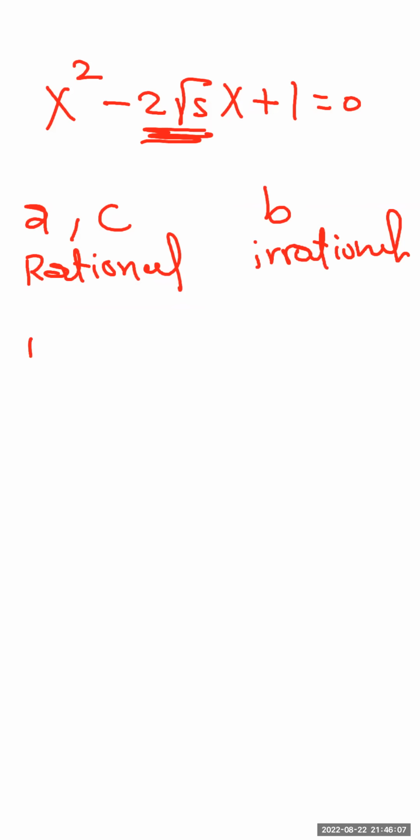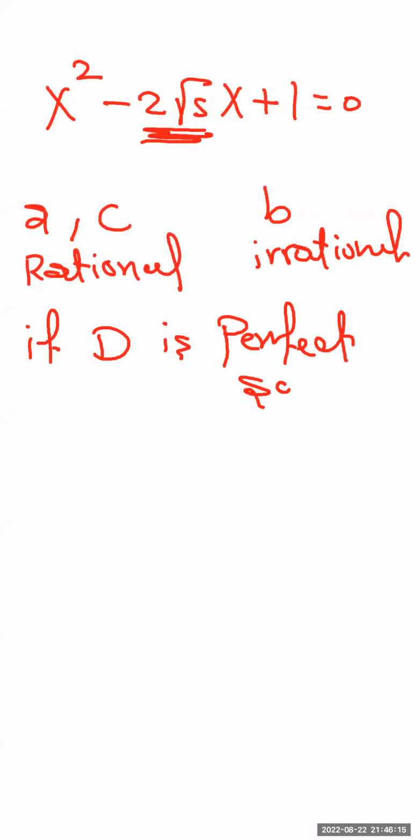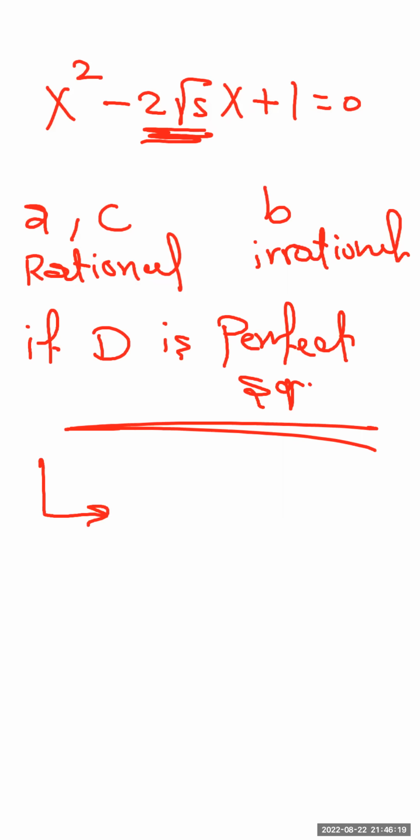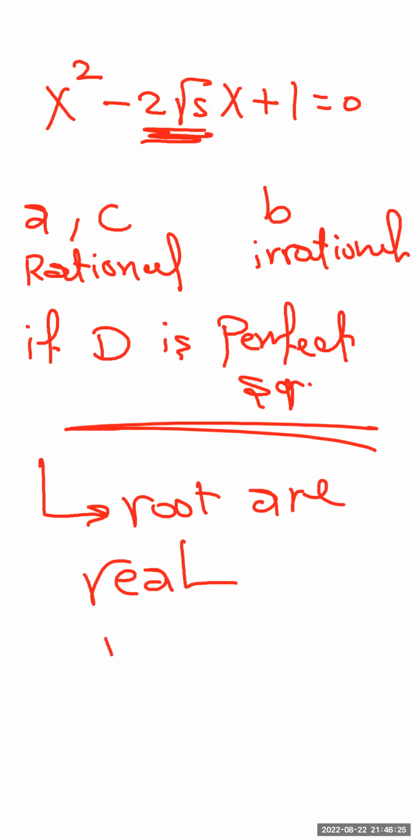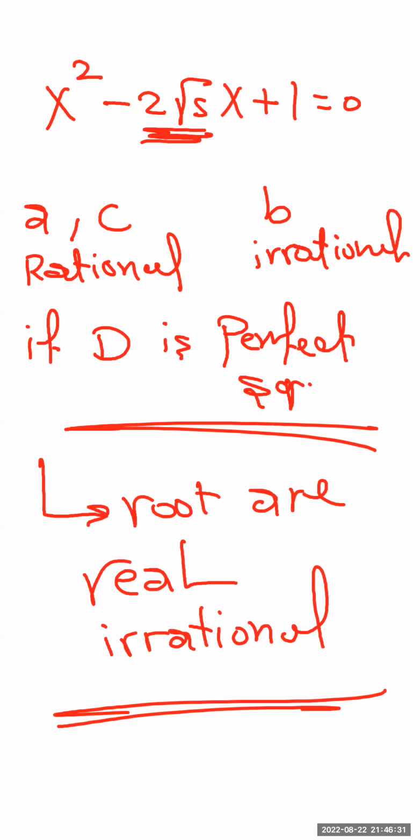And also the discriminant is a perfect square. The deduction, therefore, is that the roots are real, but irrational numbers.